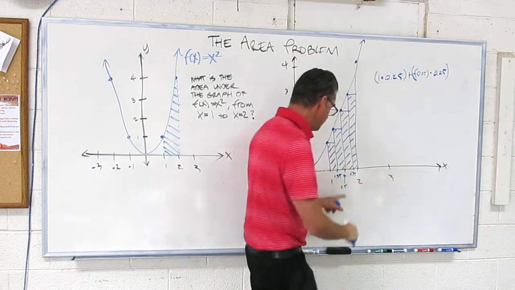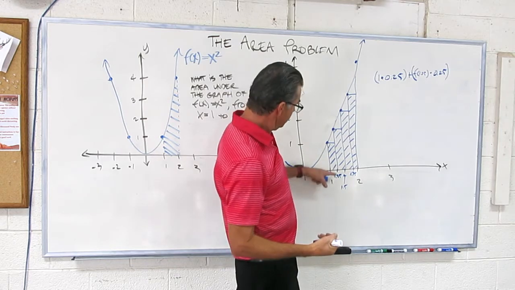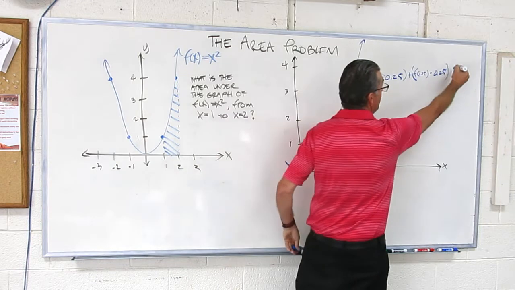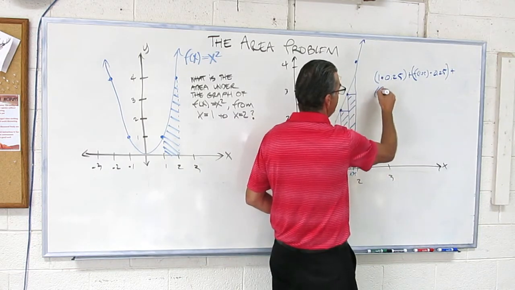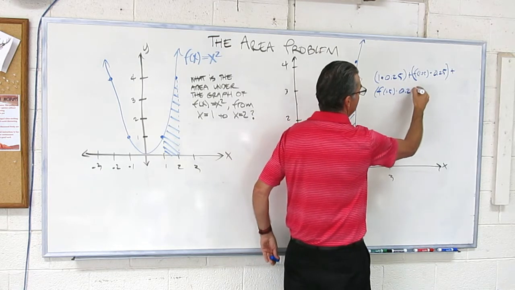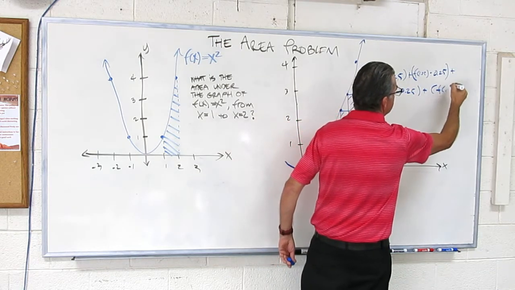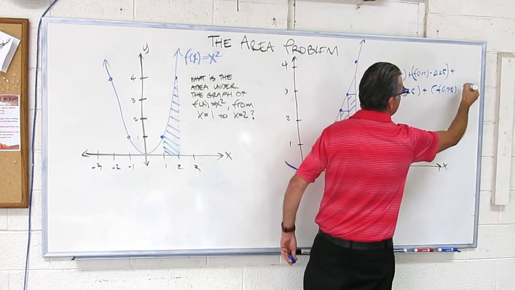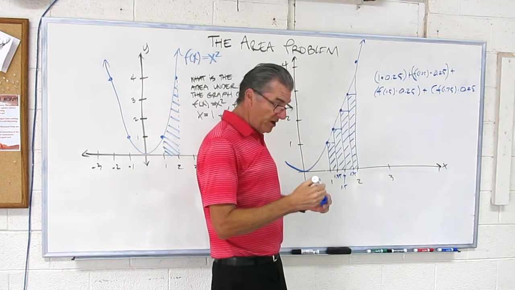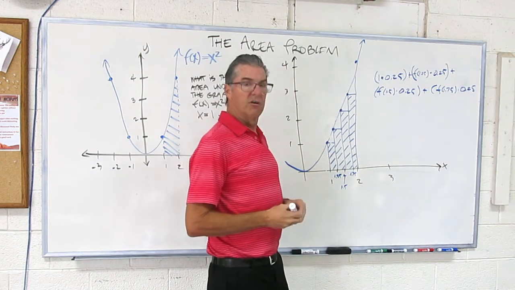Because the height is when you put the x coordinate, which is 1.25, into the function to get the y coordinate, which is the height of that rectangle. And then we're going to add 2 more: f of 1.5 times 0.25 plus f of 1.75 times 0.25. So those are the 4 little quantities that are going to give us the areas of these 4 rectangles.